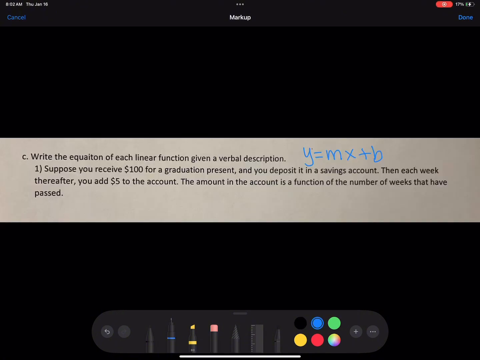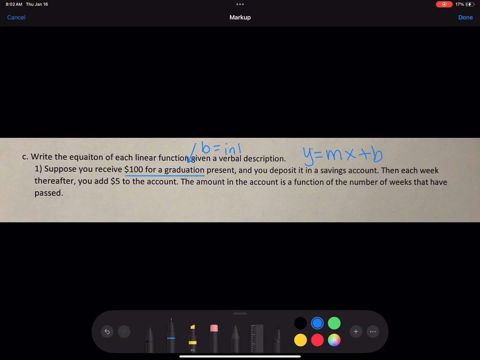All right, the following says, write the equation of each linear function given a verbal description. Suppose you receive $100 for a graduation present and you deposit it into a savings account. Then each week thereafter, you add $5 to the account. The amount in the account is a function of the number of weeks that have passed. So I've underlined our $100.